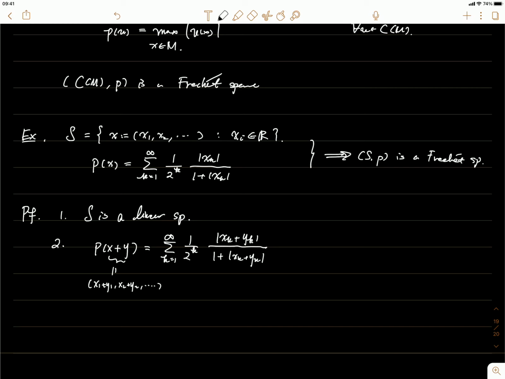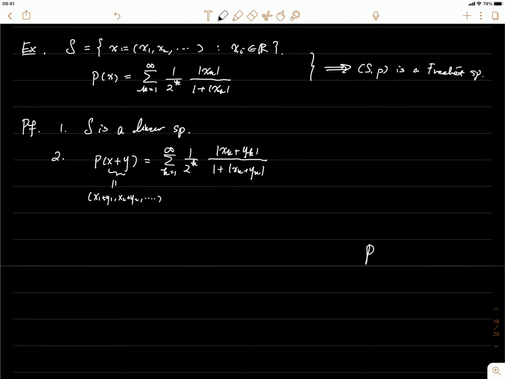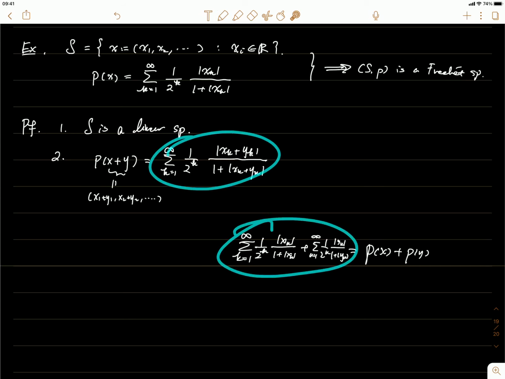Now I'm going to eventually show that it's less than or equal to P(x) plus P(y). I know by definition that P(x) is the sum from k equals 1 to infinity of 1 over 2 to the k, times xk over 1 plus xk. Same thing for P(y), with yk over 1 plus yk, again k from 1 to infinity. So I want to show that this is less than or equal to this.